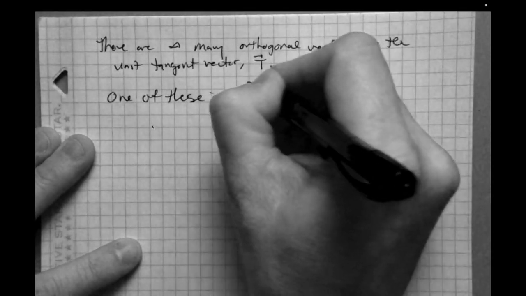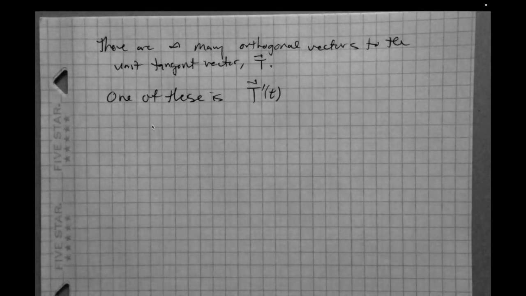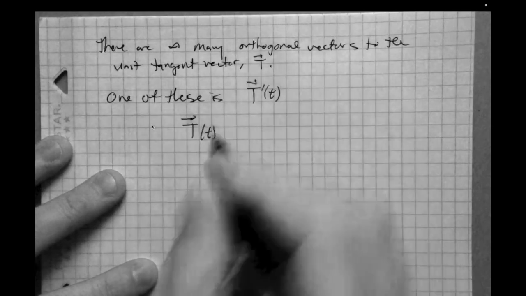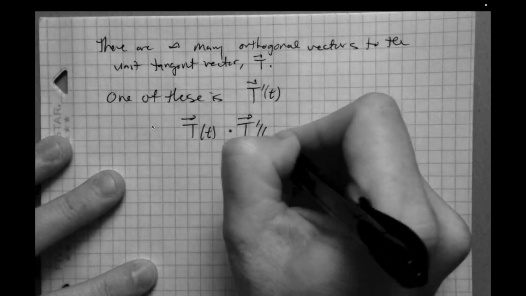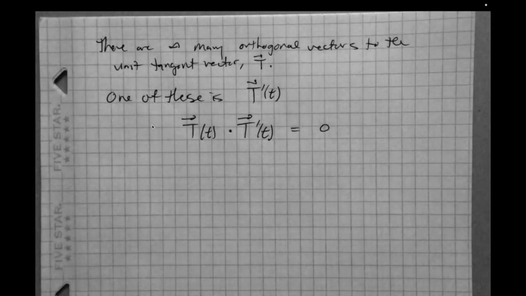So T prime of t is obviously going to be orthogonal to the unit tangent vector, right? And we know this because if you take the unit tangent vector and dot it with its derivative, you get 0, which is a condition needed for orthogonality.